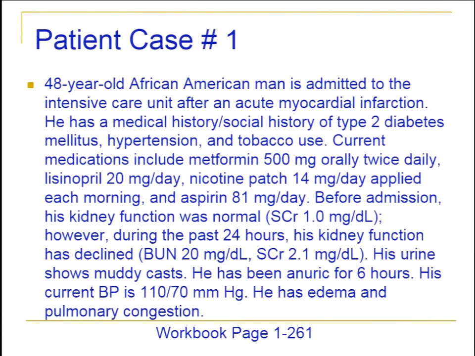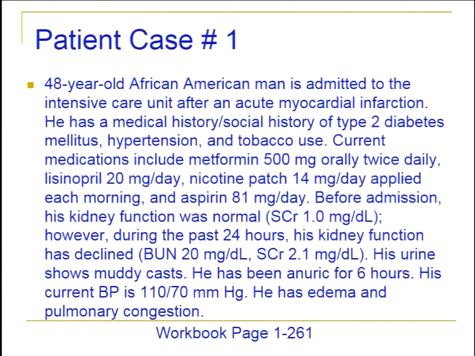So the first case, which is on page 261 of your workbook, is a 48-year-old man who came in with an acute myocardial infarction. He has a history of diabetes, hypertension, and smoking, and he's on a number of medications. When he came in, his baseline serum creatinine was 1 milligram per deciliter, but over the past 24 hours, his kidney function has declined.